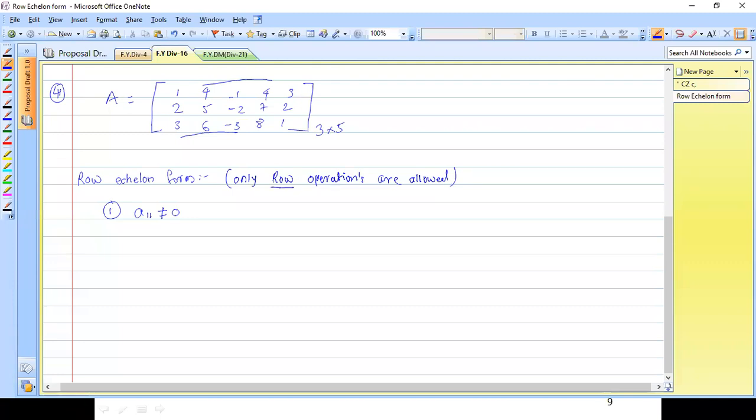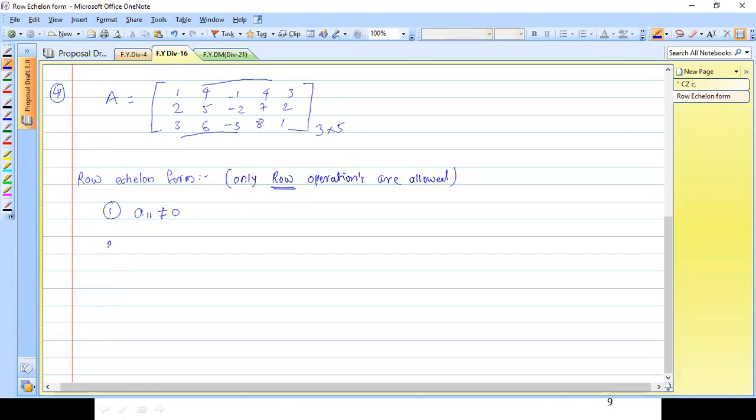Underline that word, row. When I talk about column echelon form, only column operations are allowed. Here only row operations: you cannot interchange columns or do anything with the columns. Whatever you have to do, you do with rows. So the first element should be not equal to 0.